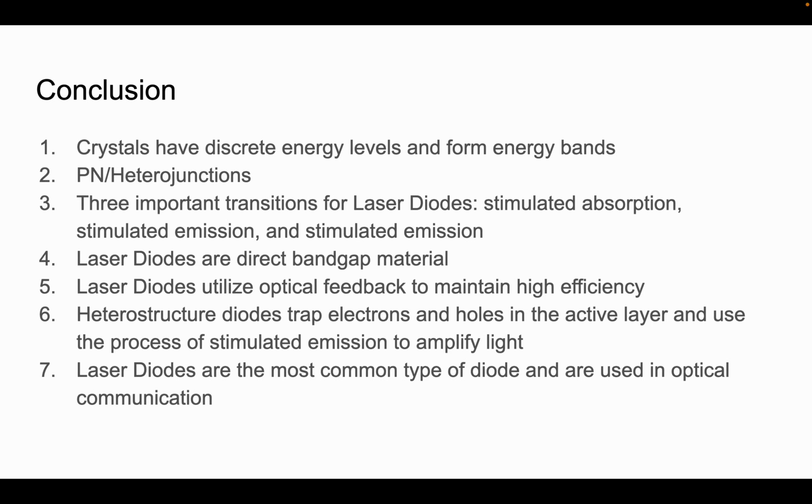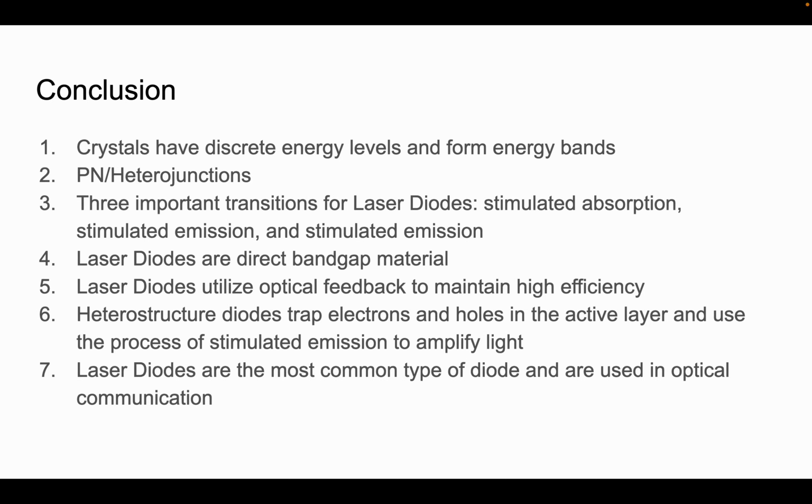And then I talked about how laser diodes are direct bandgap material because that makes the device most efficient to work with. Laser diodes also use optical feedback to maintain high efficiency, and they use the Fabry-Perot resonator, which basically has two mirrors which are parallel and perpendicular to the optical axis.